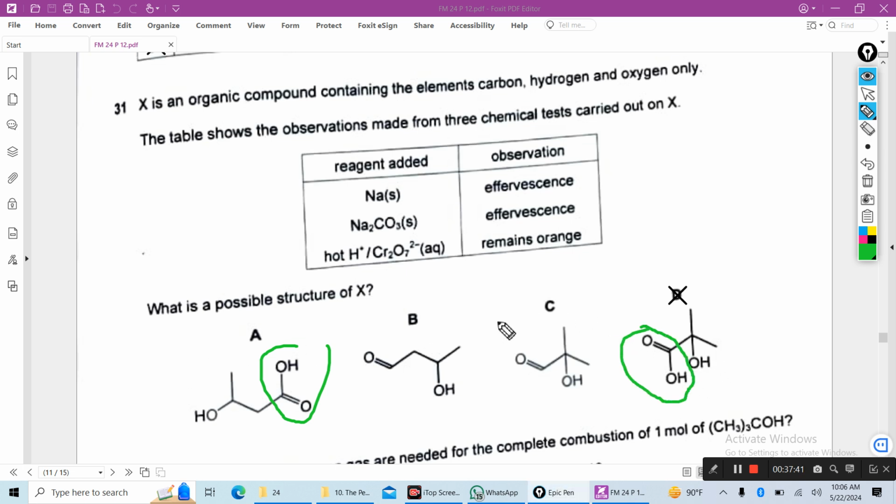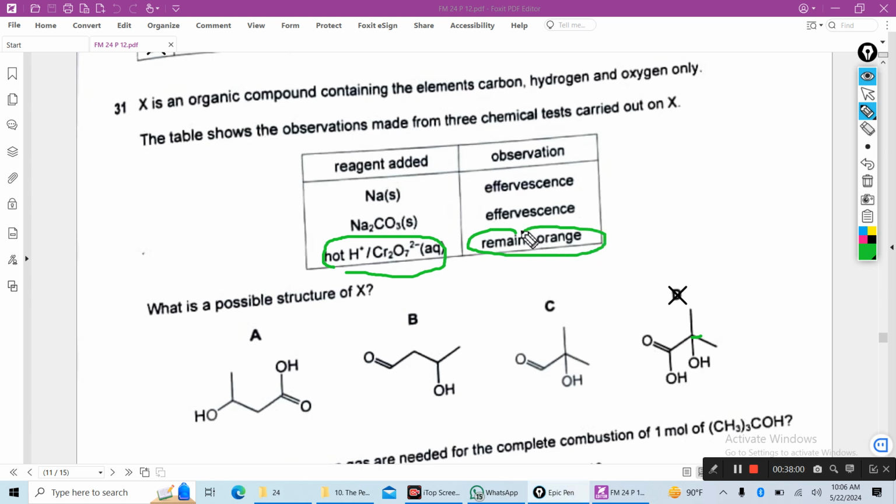So the answer will be A or D, but D is the right answer. Why? Because it remains orange, this is a tertiary alcohol. Tertiary alcohol does not oxidize with acidified potassium dichromate. That's why acidified potassium dichromate solution remains orange.